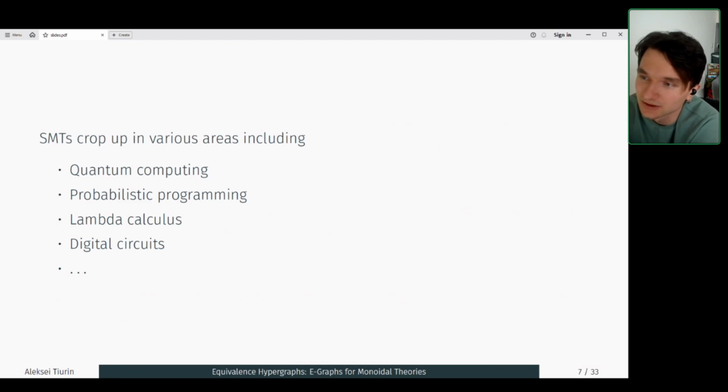You can express lambda calculus using symmetric monoidal theories, and you can also build up digital circuits, and by using equations, you can define the operational semantics for digital circuits. And once you have equations, you would clearly benefit from having an equality saturation procedure for this. So, for example, by saturating the set of terms, you can then extract the smallest circuit, either quantum or digital.